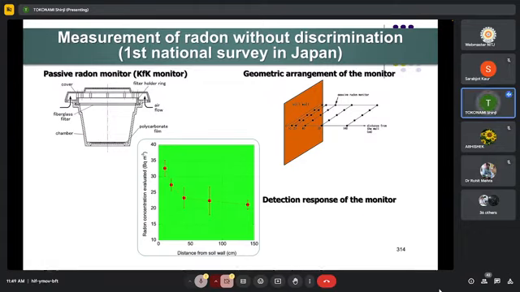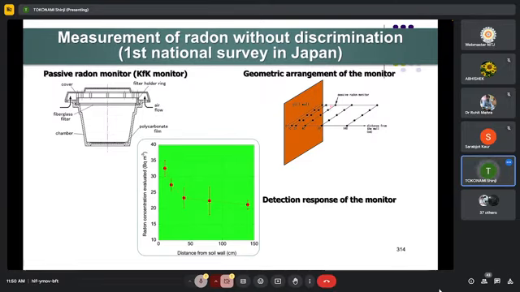This slide shows the measurement of radon without discrimination, derived from the first national survey in Japan. We used the passive radon monitor, the German detector, in the first national survey. We checked the performance of this detector like this. Here is a geometric arrangement of the monitor.